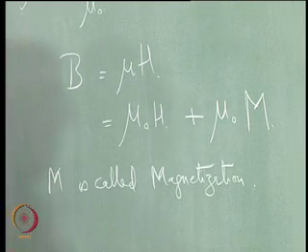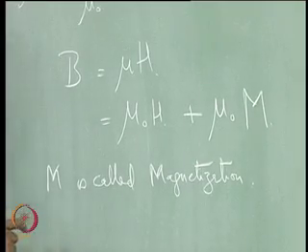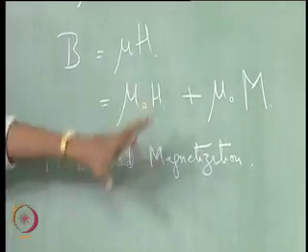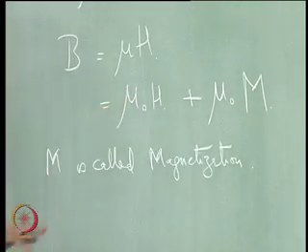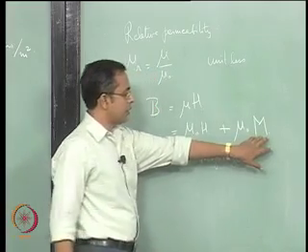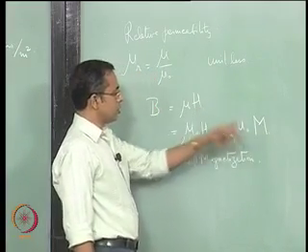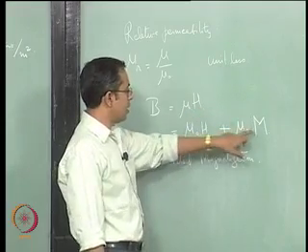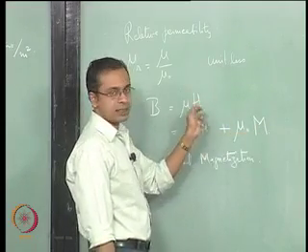This M we can further relate to the external field. We will add one more quantity here and then write a couple of equations which will simply rearrange these terms. I have written M as though it were independent of the external field, but actually it is also a result of the external field. So you can make it some constant times the external field.